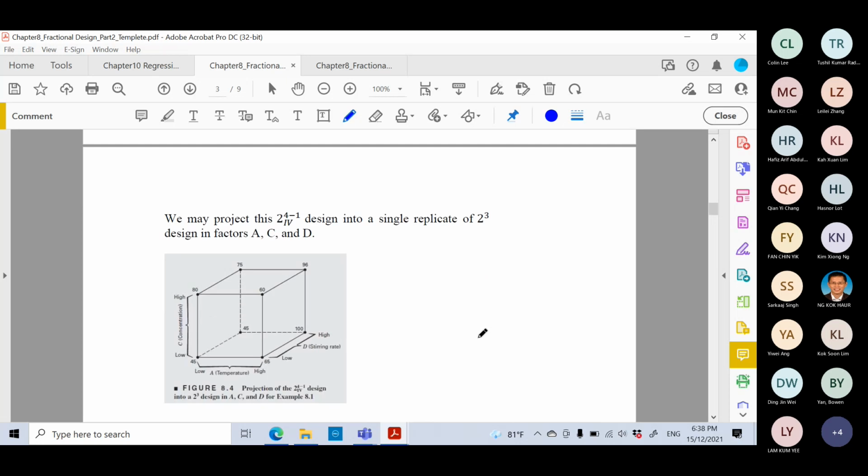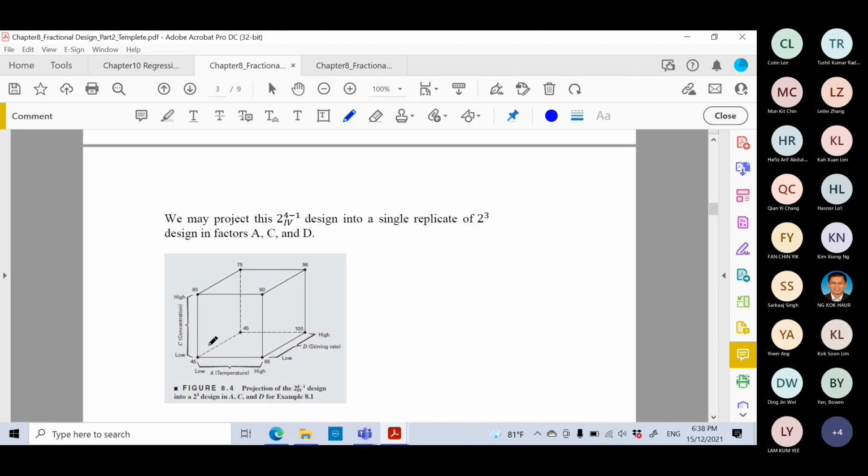Because you have 4 factors there, where the factor B is not significant, we can reduce it from the 4 factors into only a 3 factor analysis, where you have A, C, D, with their interaction.